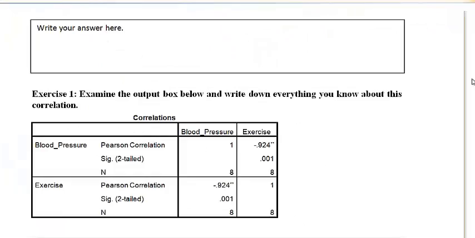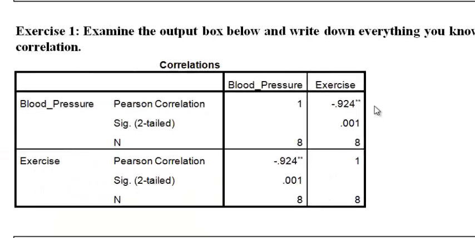The other thing you may notice is these little asterisks here. When you do an SPSS output, it typically indicates whether the statistical output is statistically significant or not. So in this case, it is statistically significant. And we can see based on the two-tail test here, 0.001 is less than 0.05.